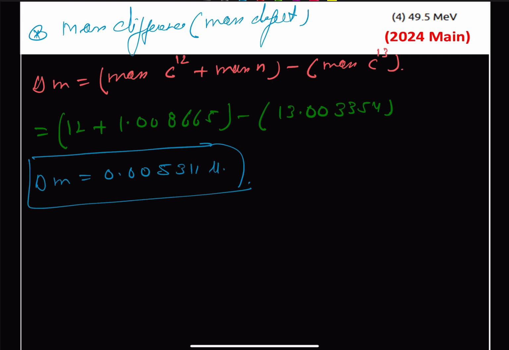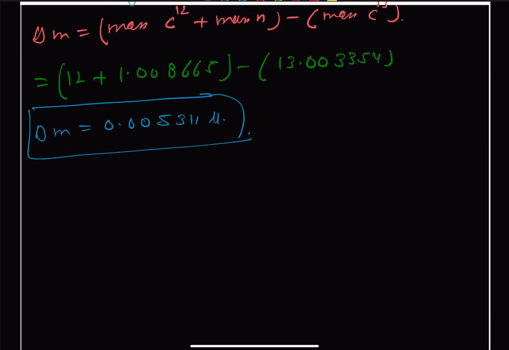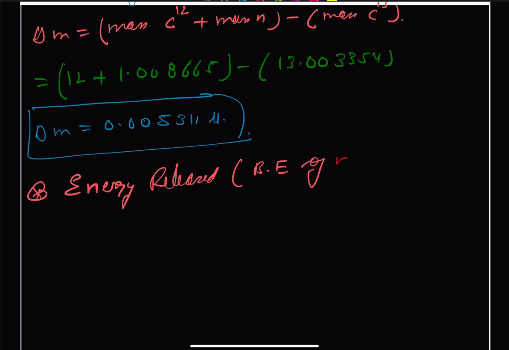And from the mass defect we can just find out the energy released, or we can also call it the binding energy of the neutron.